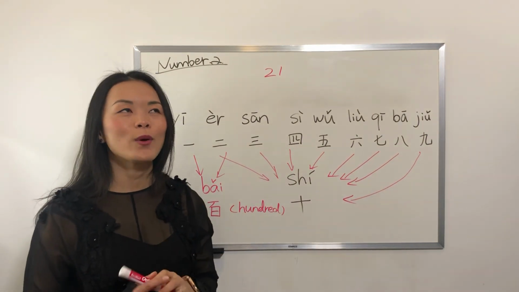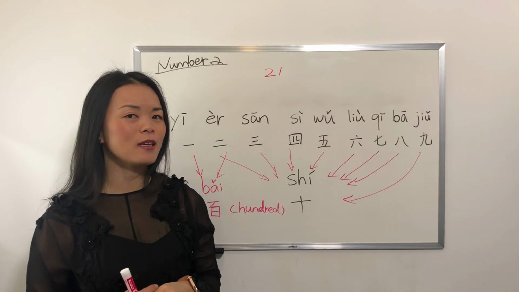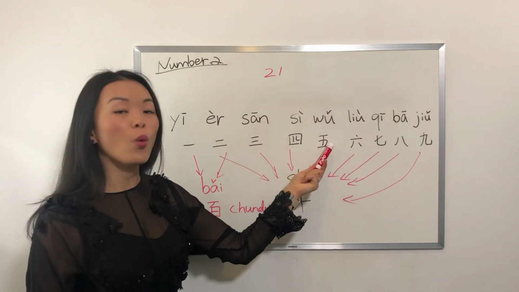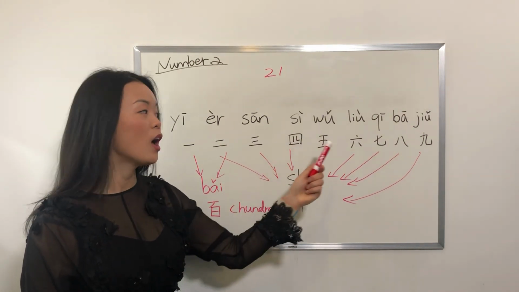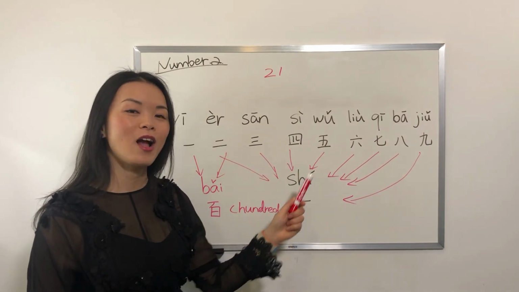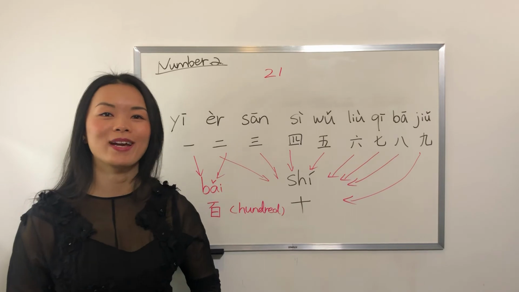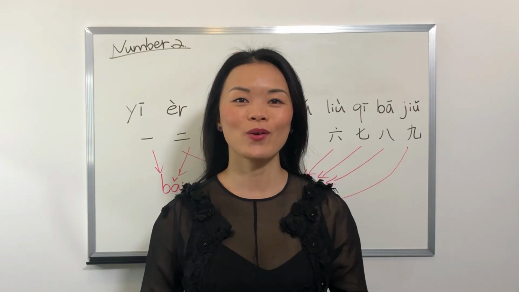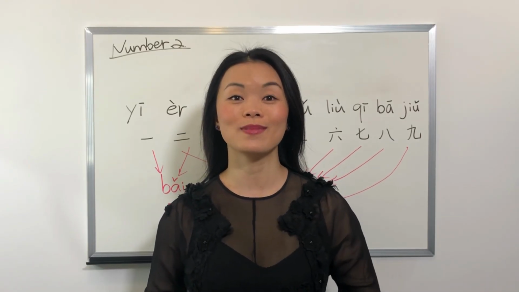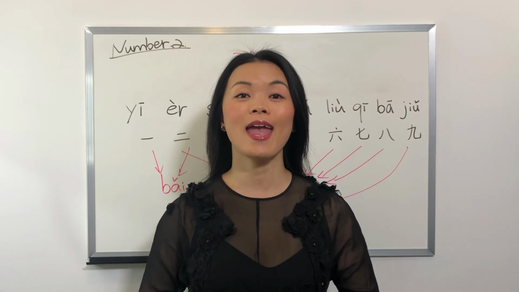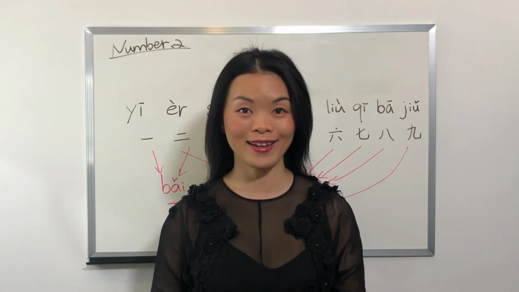What about 550? 550. Correct. So today we have learned how to say from 10 to 90 and from 100 to 900.